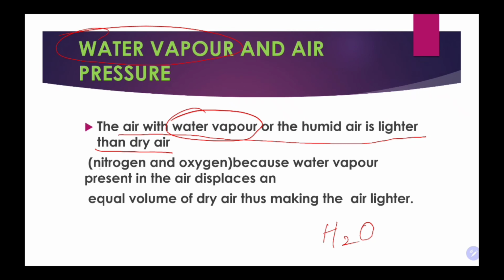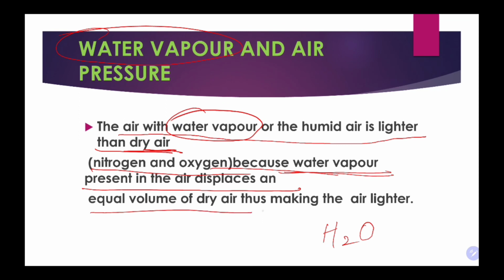So the dry air which contains nitrogen and oxygen is displaced, removed by the water vapor with an equal volume of dry air, thus making the air lighter. So here, how water vapor affects air pressure is that the air which is humid, meaning moist air, has water vapor, whereas dry air does not have water vapor, it has more oxygen and nitrogen.